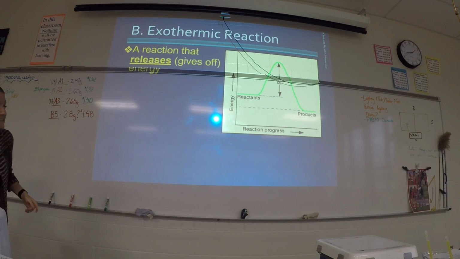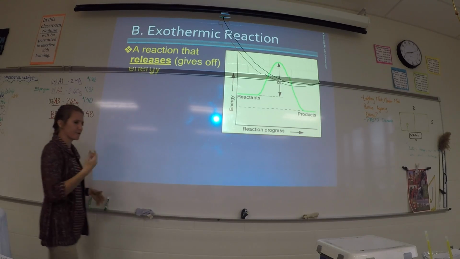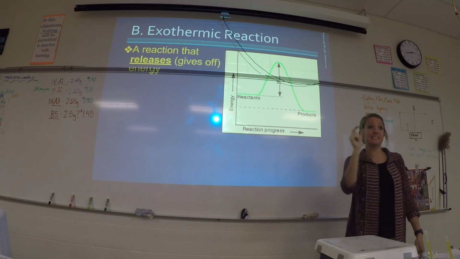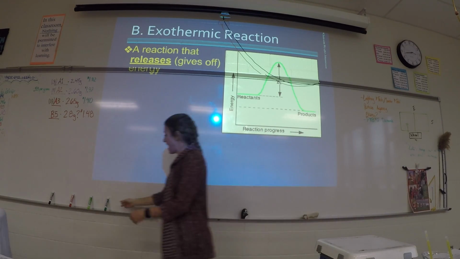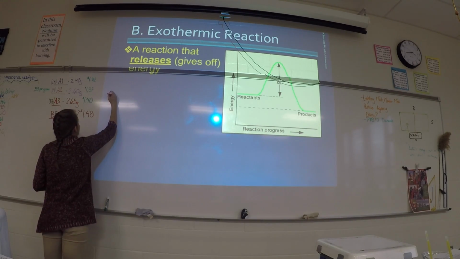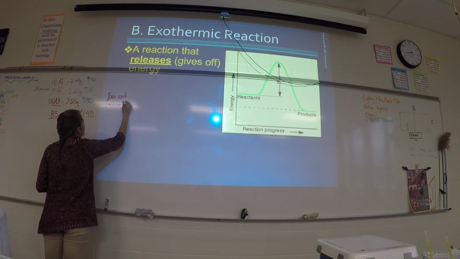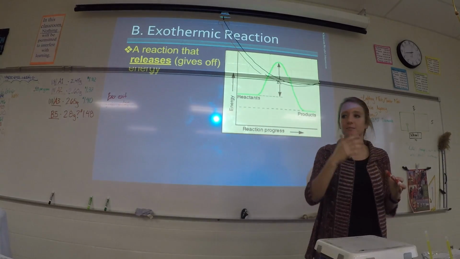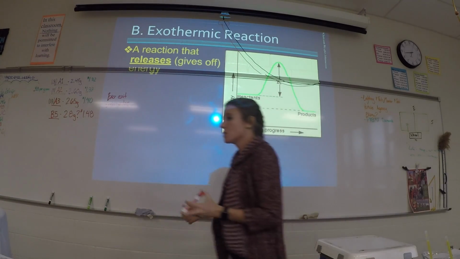One way people often think about it is exo, so the heat is exiting, and endo, because it's entering. A little mnemonic device you can use. It's all about the direction of the heat or energy flow.